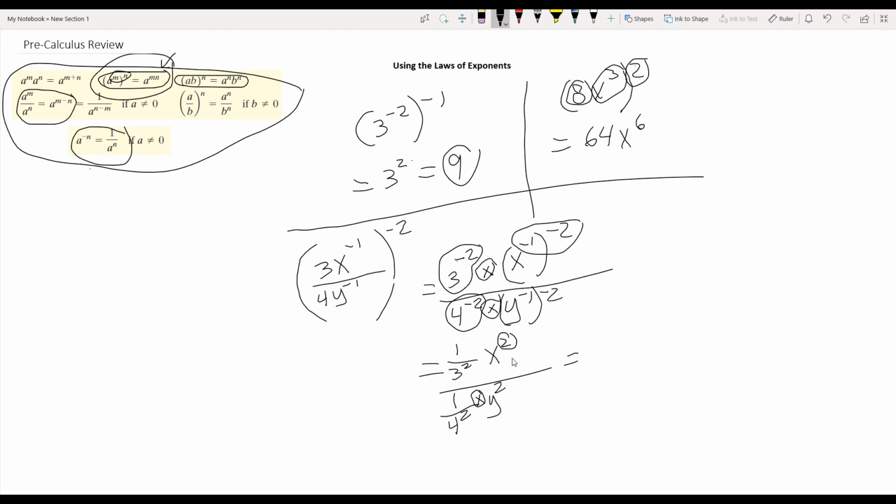So all of that will simplify to 1 over 9 x squared, and this is what? 1 over 16 y squared, right? Yeah, perfect.